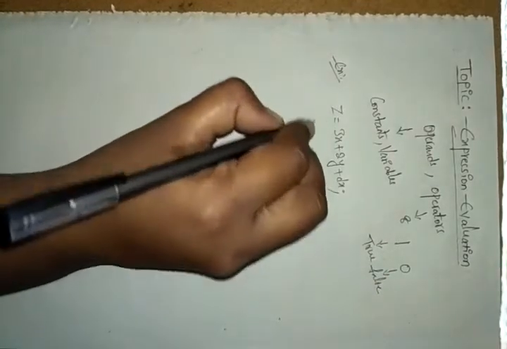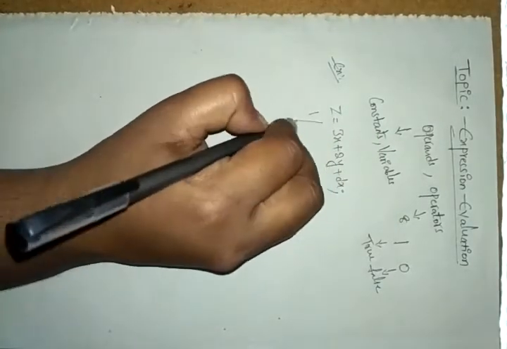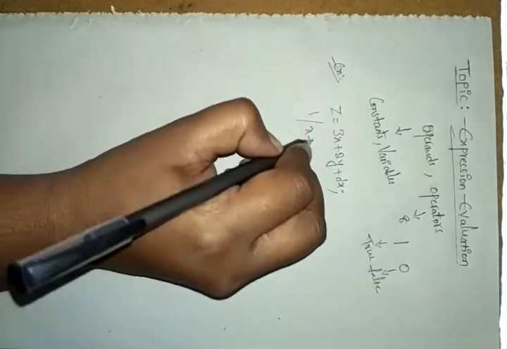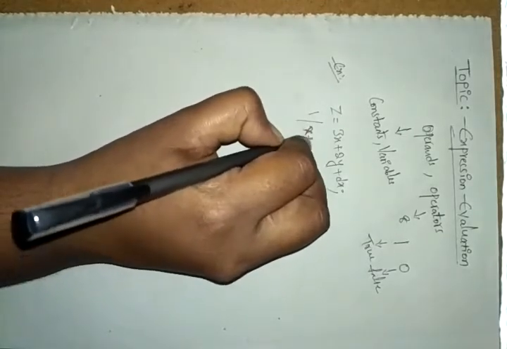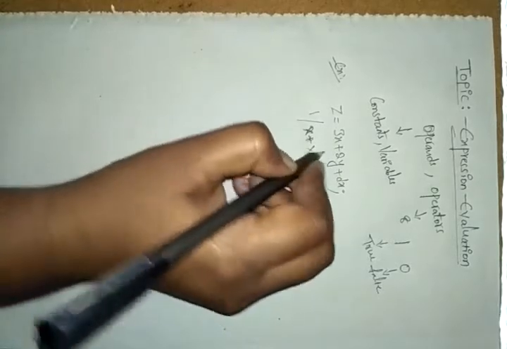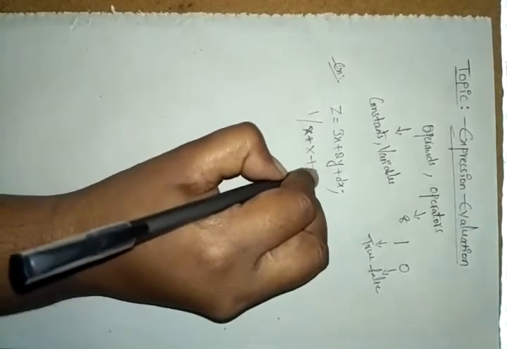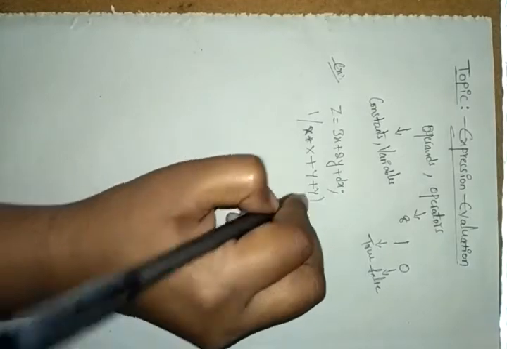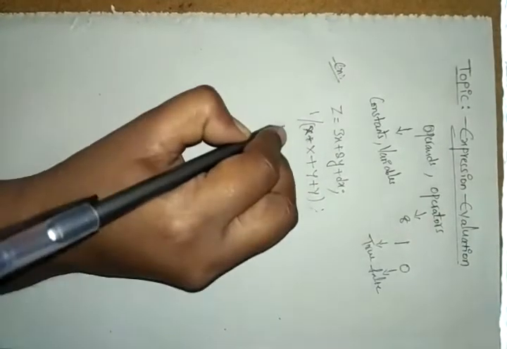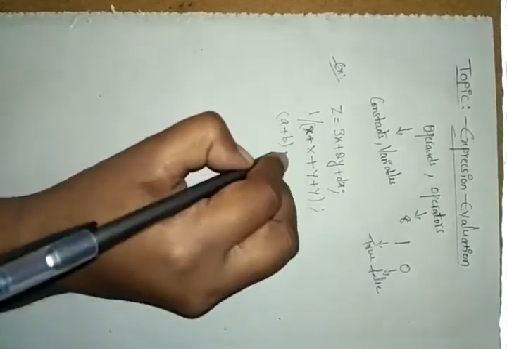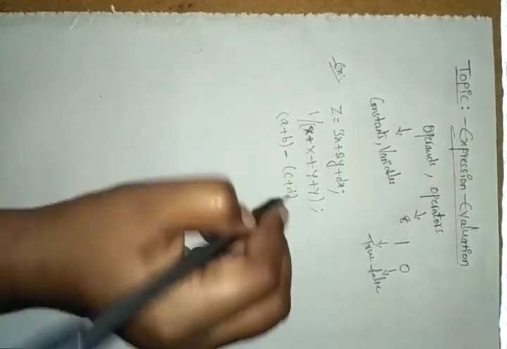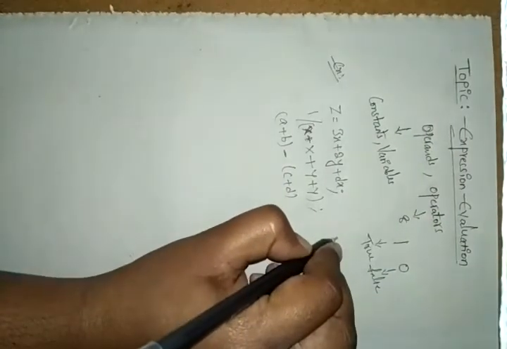Next, 1 by x into x plus y plus y, this is one expression. a plus b minus c plus d is one expression. Or else you can go with c equals a plus b into d. This is one expression.